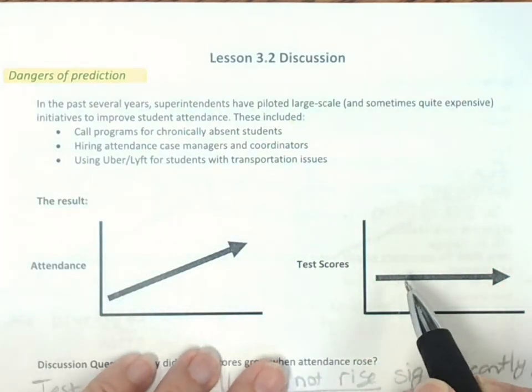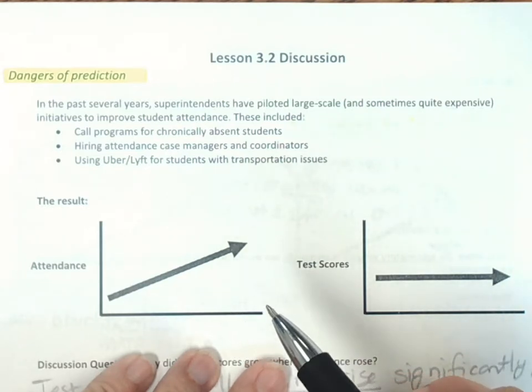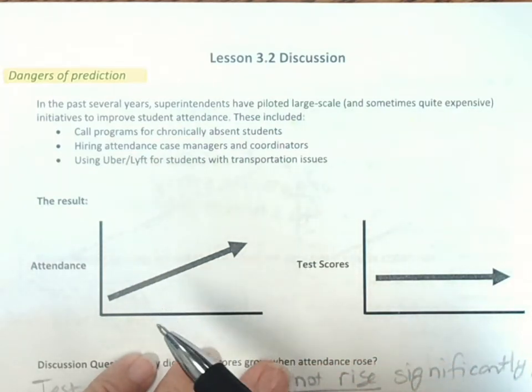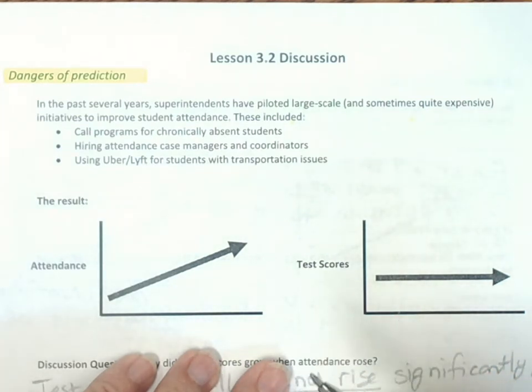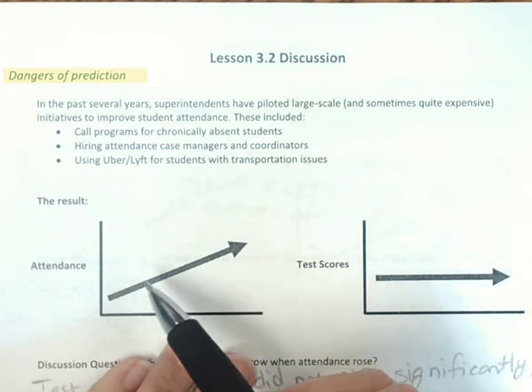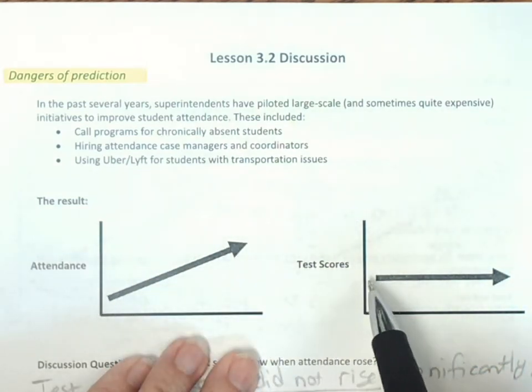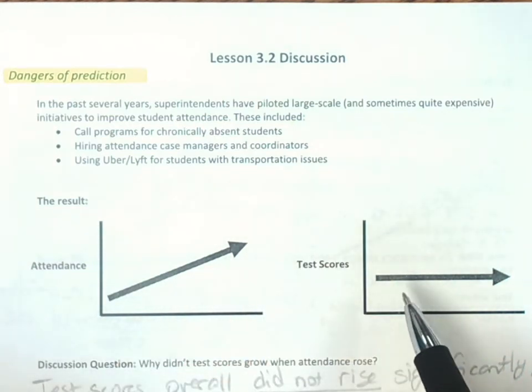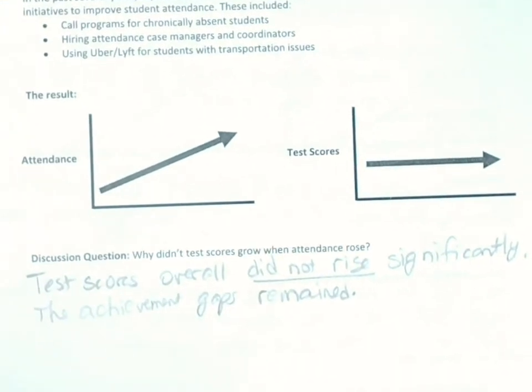Remember last time when we were talking about the amount of ice cream sold and the amount of drownings? While they moved together, it didn't make sense. There was no causation there. In this case, attendance isn't solely the cause of the test score. So just increasing attendance did not increase our test scores. Overall, our test scores did not rise significantly, and the achievement gaps remained.